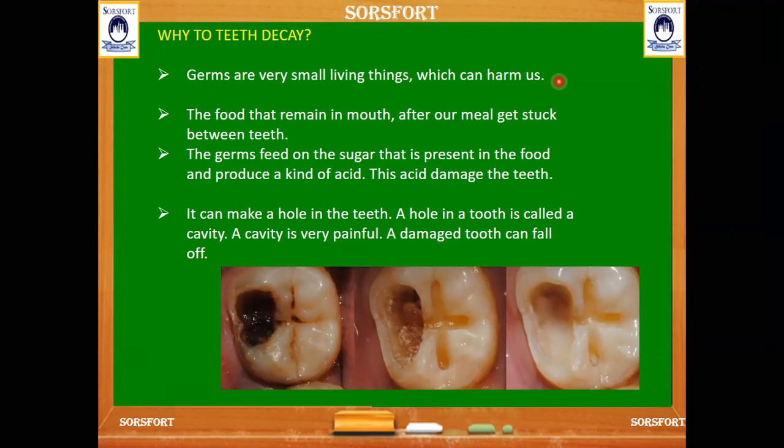How will we come to know? When we close our mouth and do not wash it for a longer time, we feel a bad smell. This is the growth of germs in our mouth. The bad smell we feel is from the germs.